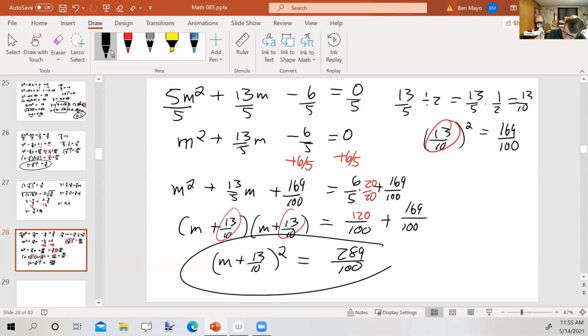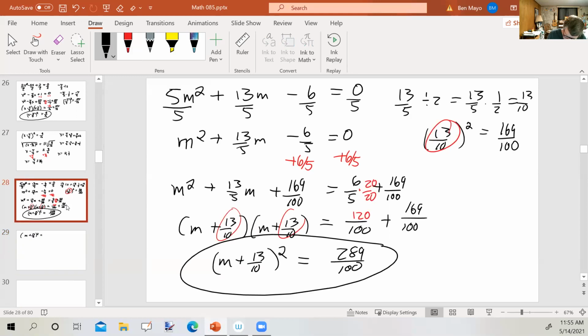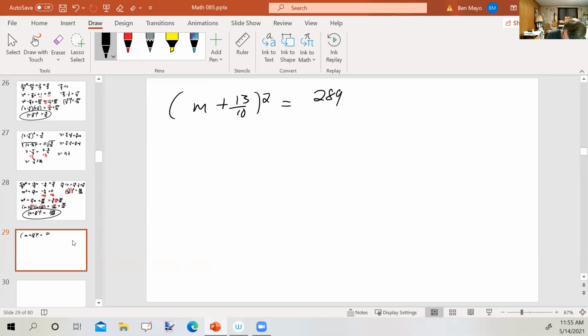I'm going to take that and copy it on the next page. m plus 13 over 10 squared equals 289 over 100. Taking the square root of both sides of the equation.